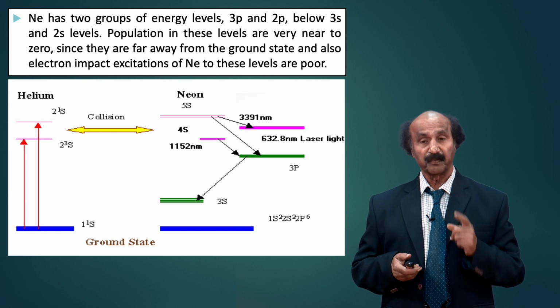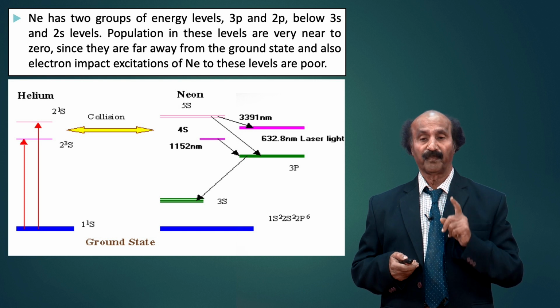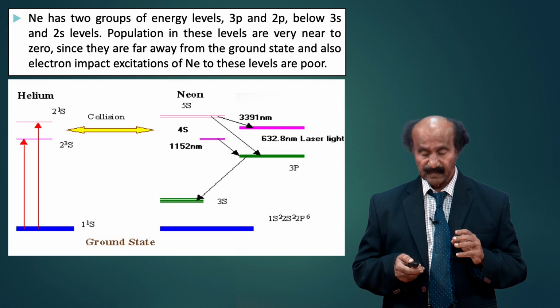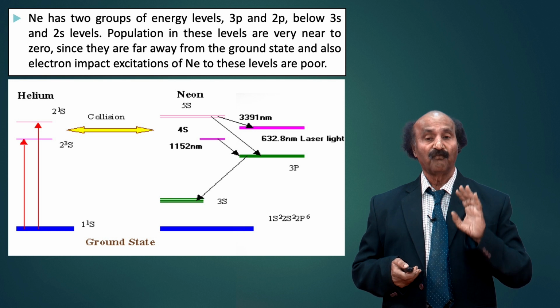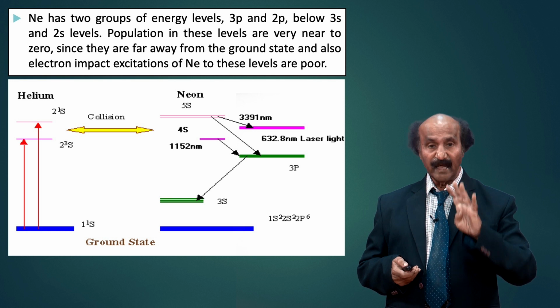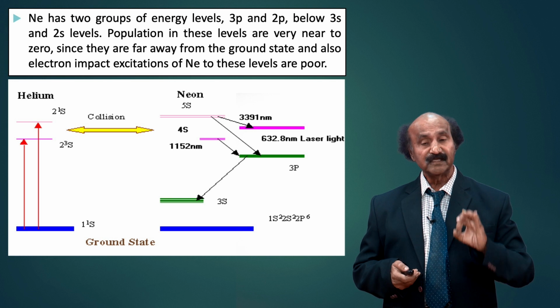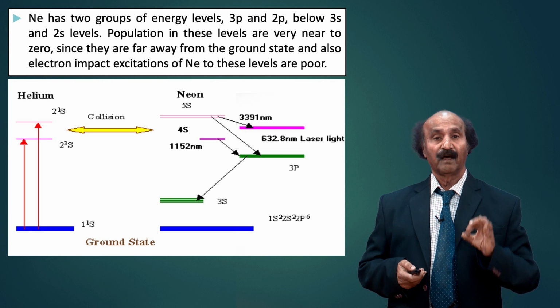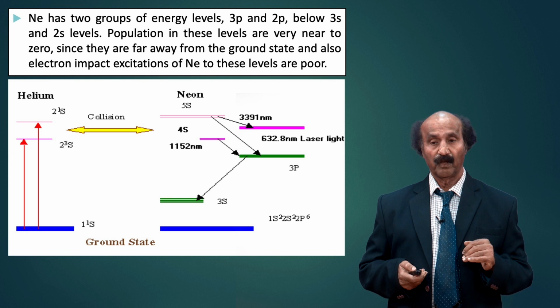Blue color represents the ground state of neon. That means we have now got a 4 level laser scheme which is capable of producing continuous wave laser.